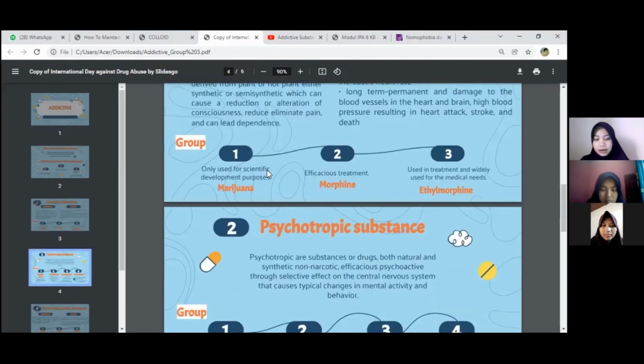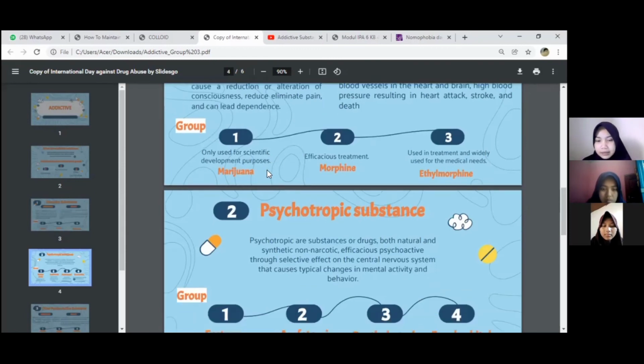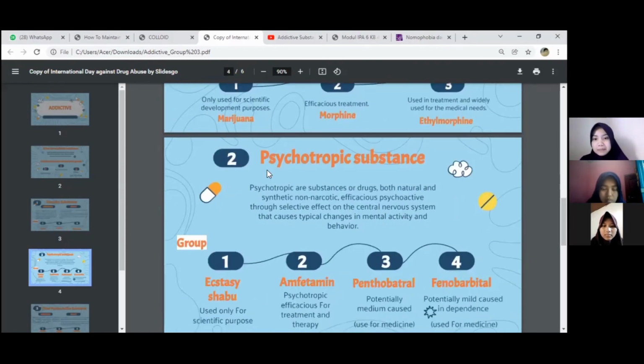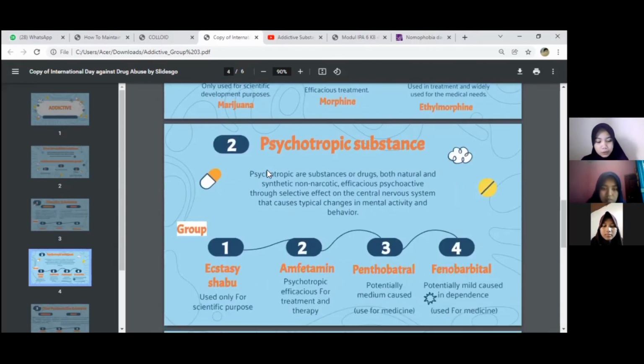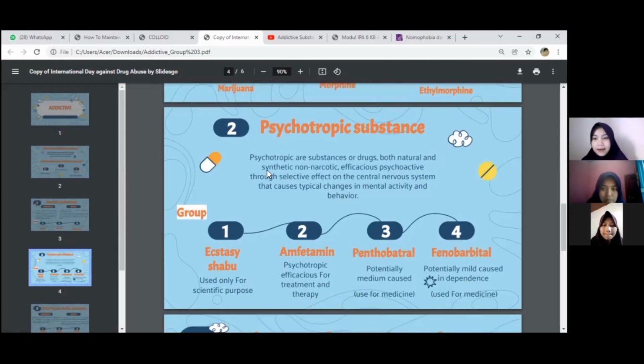The next type of addictive is psychotropic substance. Psychotropic substance is a substance or drug, both natural and synthetic, non-narcotic, psychoactive through selective effect on the central nervous system that causes a typical change in mental activities and behavior. So psychotropics have four groups.